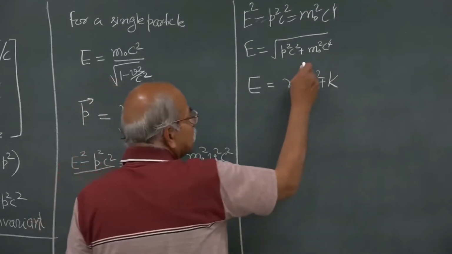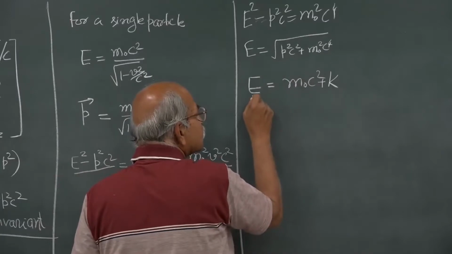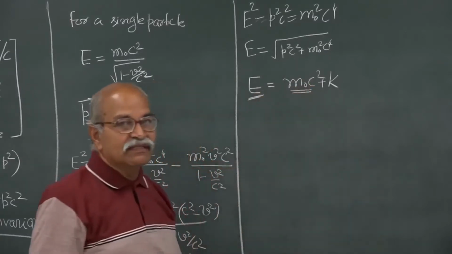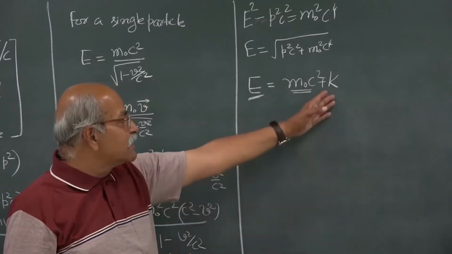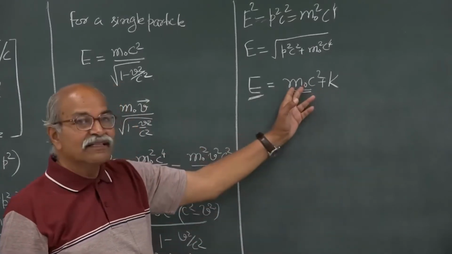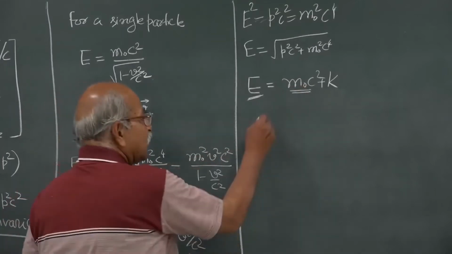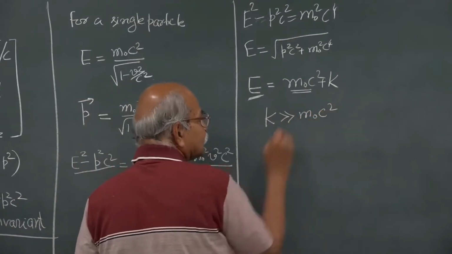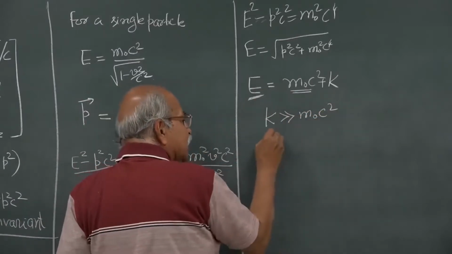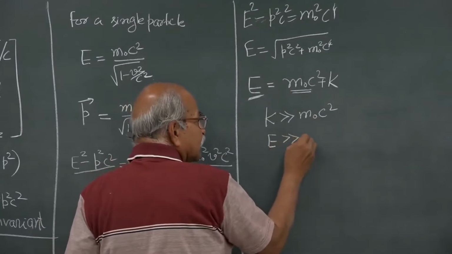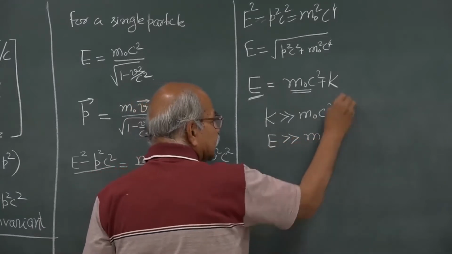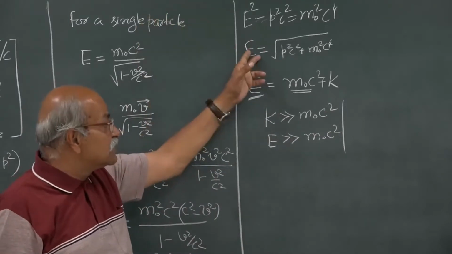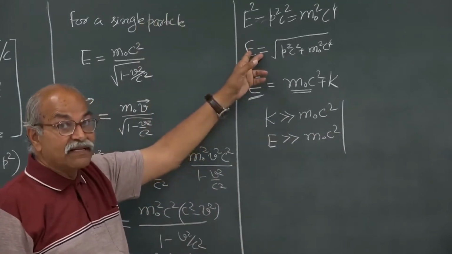Now, if this total energy is much larger than m naught c square, the rest mass energy, or the kinetic energy is much larger than the rest mass energy, if K is much larger than m naught c square, then E will be much larger than m naught c square, that means the relativistic correction is very much needed, you have to go for it.